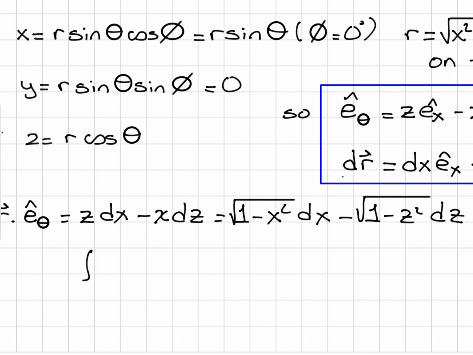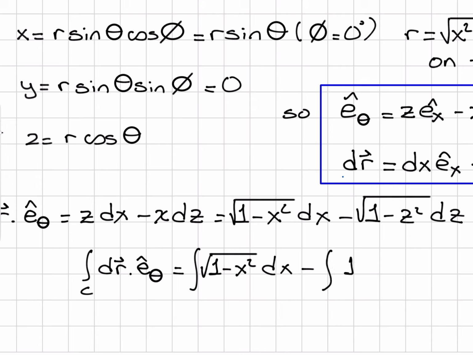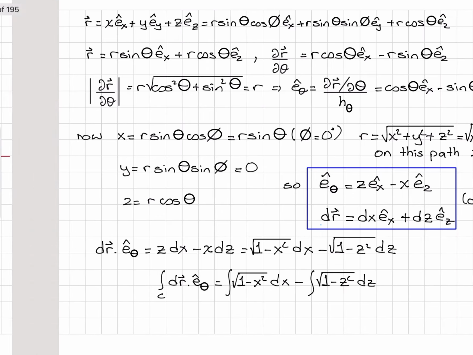The contour integral dr dot e theta hat is the integral of square root of 1 minus x squared dx minus the integral of square root of 1 minus z squared dz. Now we have to determine the limits of this integration.